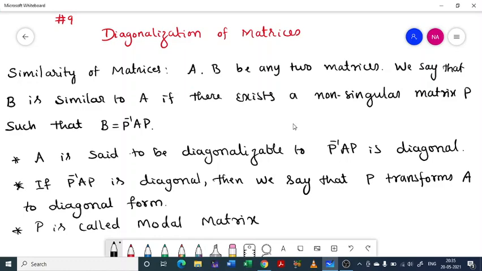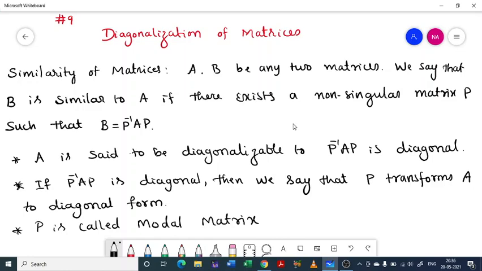There must exist a non-singular matrix, that is most important. Non-singular in the sense that the determinant of that matrix should be non-zero. So if there exists a non-singular matrix P such that B equals P inverse AP, then we say that A is similar to B.